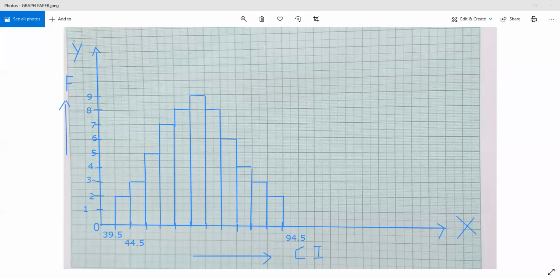Alright, so over here you can write the scale.